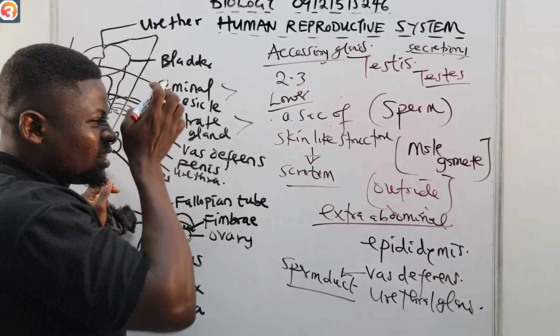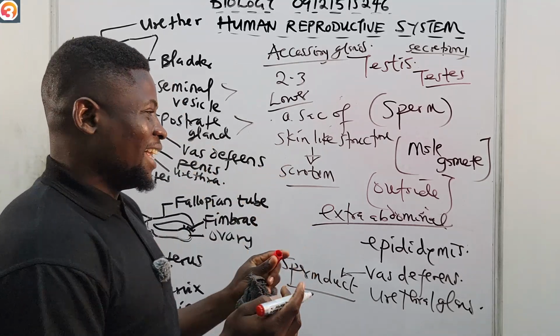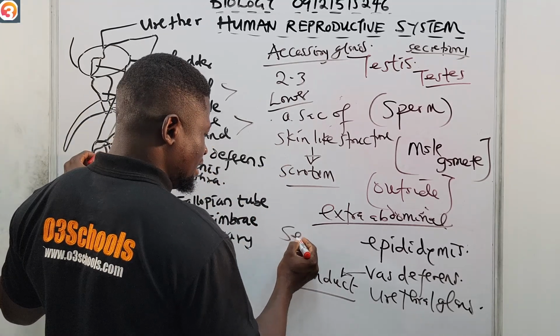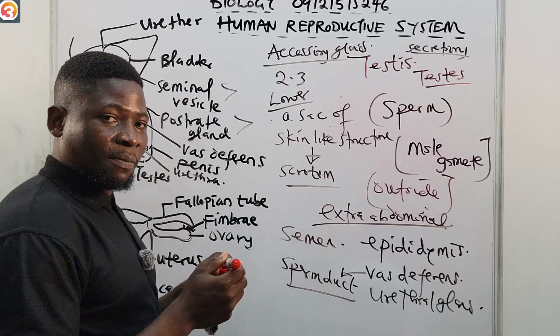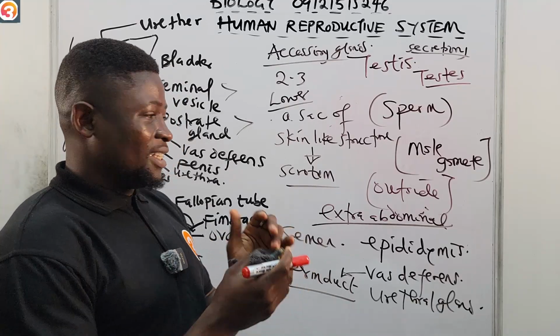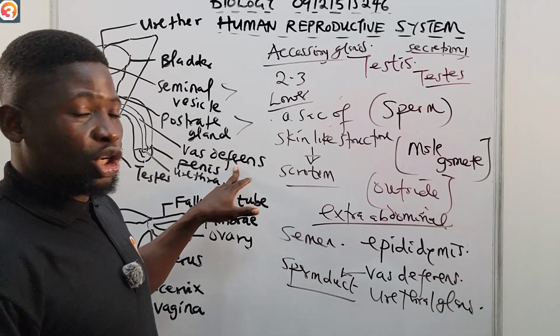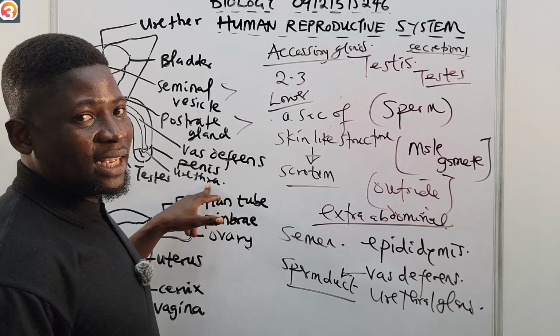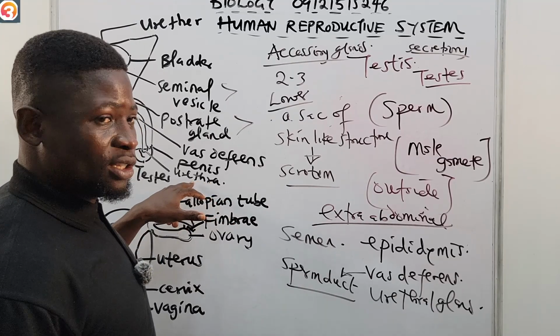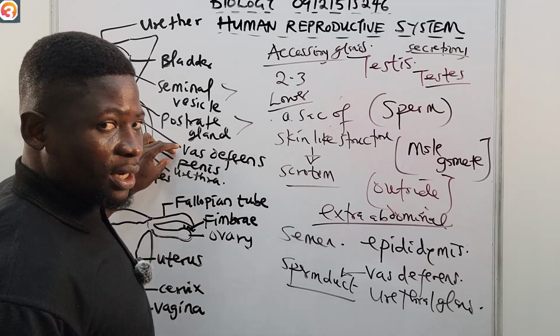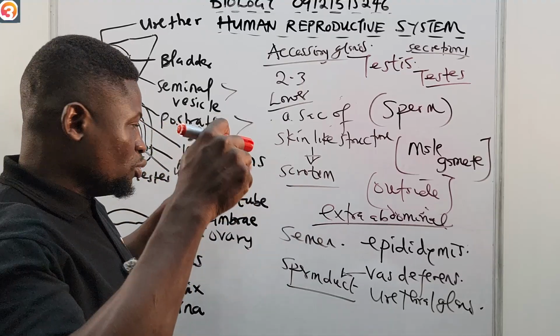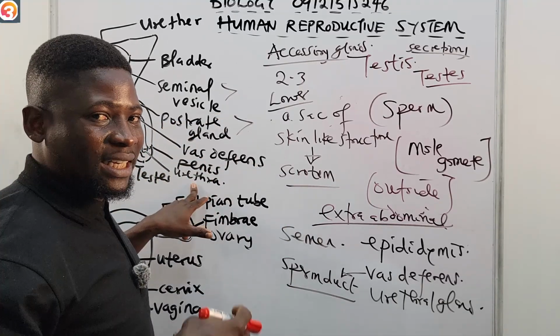Once it receives all of these secretions, it forms the semen, S-E-M-E-N. Once the semen is formed, it joins with the urethra, then goes to the penis, and from the penis goes out of the external body.